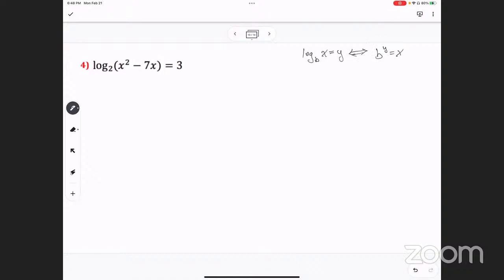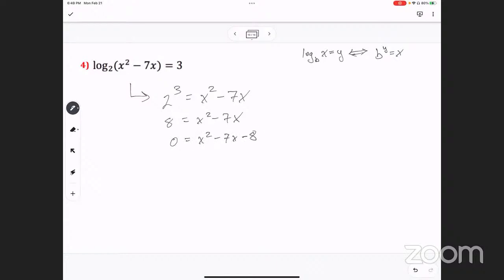It's the same. So I rewrite this: that power equals this. So 2 to the 3rd equals x squared minus 7x. What's 2 to the 3rd? 8. 8 equals x squared minus 7x. How good are you with quadratics? Not great. Okay. So to solve quadratics, I have to set it equal to 0 first.